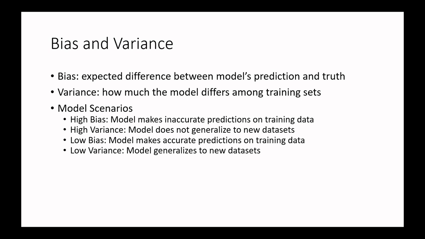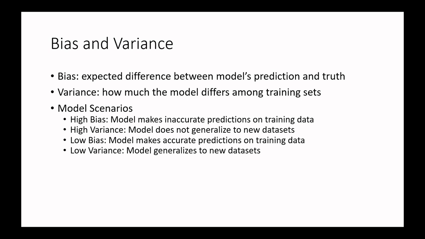Variance is how much the model differs among training sets. Remember, I mentioned you do the n-fold cross validation. If your model is producing highly variable results, with the accuracy going from 60 to 70 to 75%, that means your model has a lot of variance. On the other hand, if your accuracy is remaining between 70 plus or minus 1 or 2%, that means your model has a very low variance. So one can talk of models in terms of their variance as well as in terms of their biases.